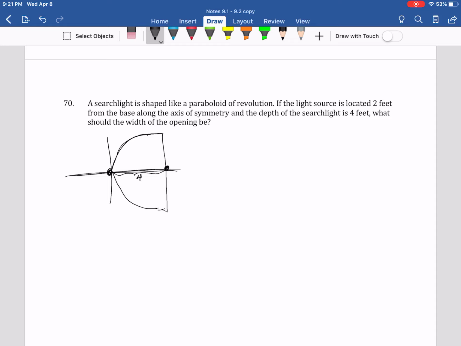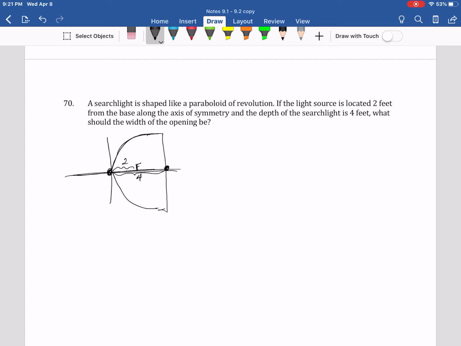And my light source, rather, is 2 feet. That part is 2. And the light source is at your focus. We can make that assumption this time.